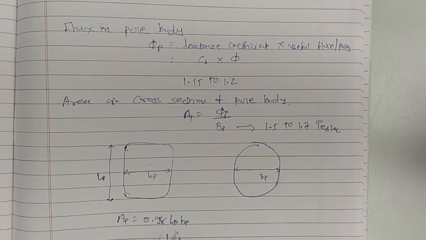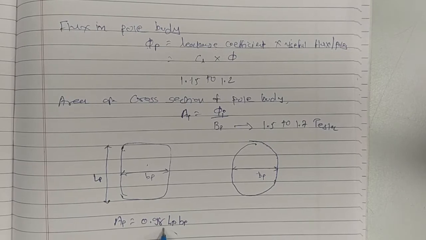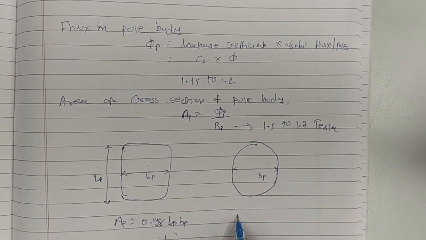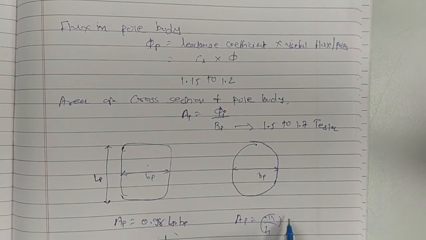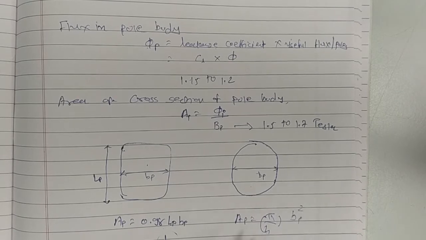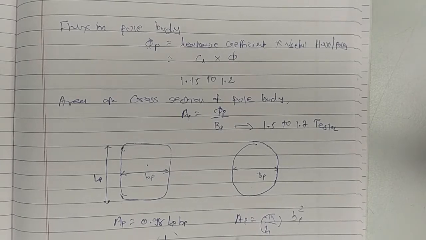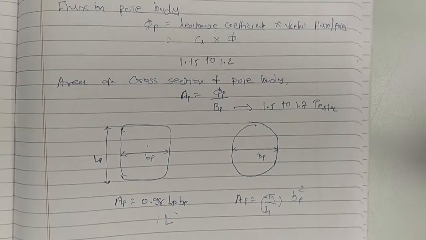The stacking factor of the pole lamination is taken as 0.98, because it is a laminated body in many cases. For circular poles, we can calculate it as pi by 4 into the square of the width. So these are some simple things.